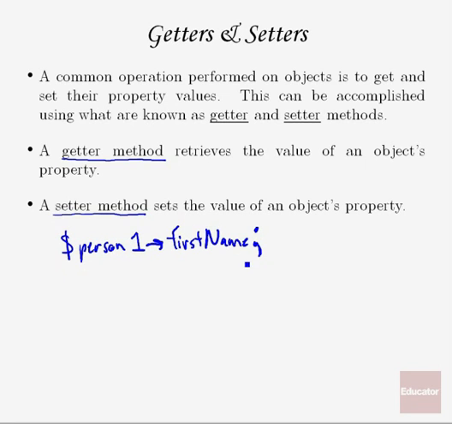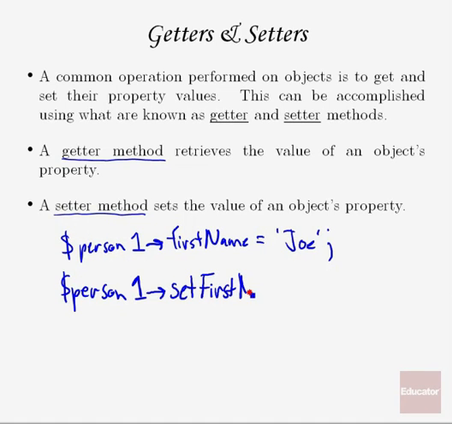So now we can set the first name property of this person1 using the object accessor syntax. But instead we could create a setter method, and say person1, let's say we set first name equal to Joe. We could define a method called setFirstName that passes it the value Joe.